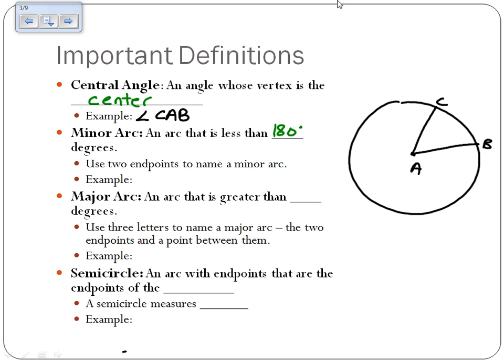So a minor arc is less than 180 degrees. So an example of this is right here. This is a minor arc. We'll talk about the 180 issue in a second. To name it, you use the endpoints. So what are the endpoints of this arc? Well, they're B and C. Does that make sense?